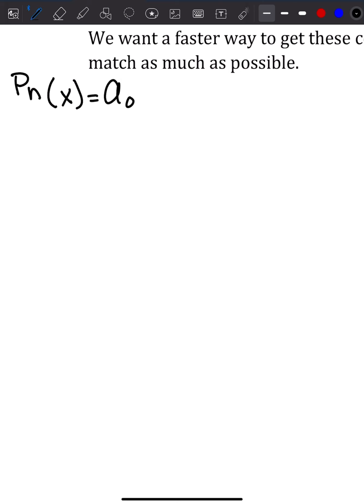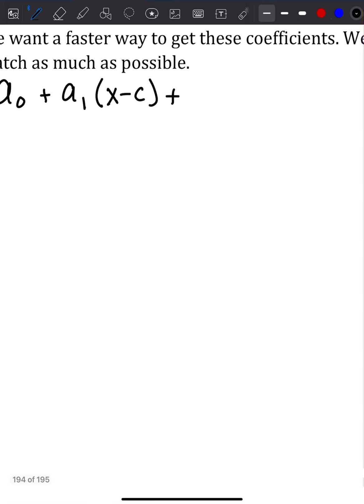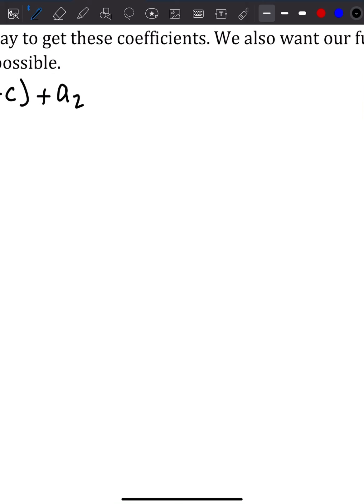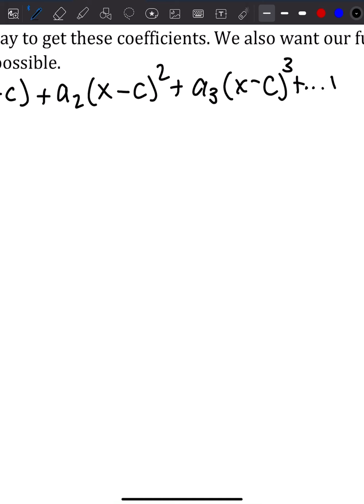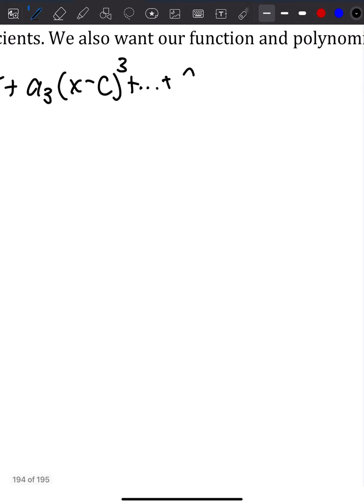So we have a sub 0 plus a sub 1 times (x minus c) plus a sub 2 times (x minus c) squared plus a sub 3 times (x minus c) cubed, and we want to go on until we get to a sub n times (x minus c) to the n.